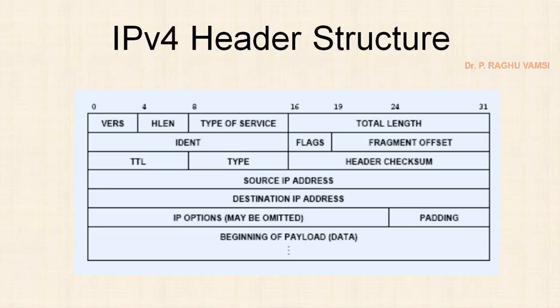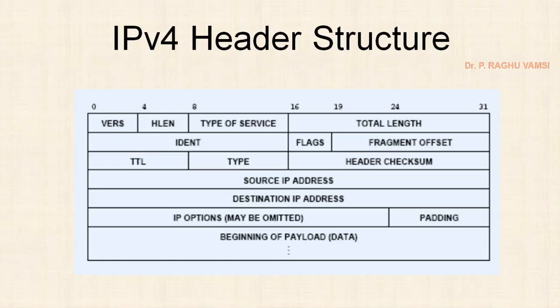Here 32 bit means 8 bits, 1 octet, so a total of 4 octets will be there in case of IPv4. The maximum header length that you can assign here is 60 bytes. So make note of these points, because these are very important for identifying the packet traces and making a recording of the packet traces.